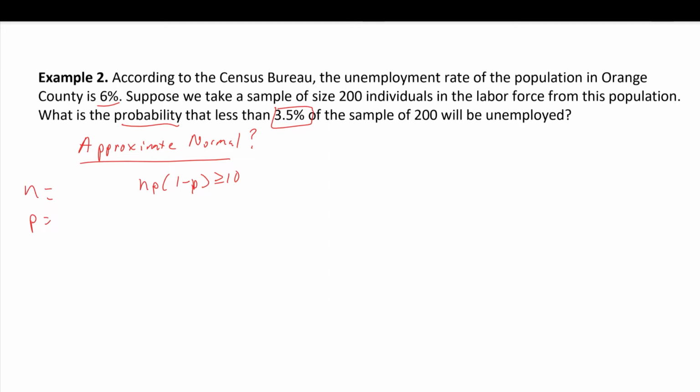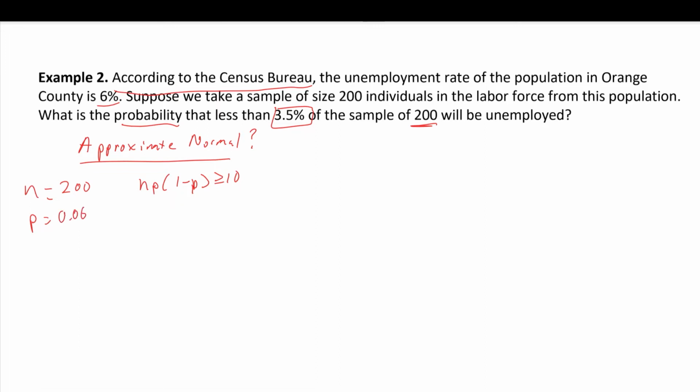Your n is your sample size, so we sampled 200 people. And the population proportion, the p right here, this is the p without the hat, is that 6% in theory are unemployed, because this usually comes from a prior study of the population. In this case, this was the Census Bureau, so they already know that 6% of individuals are unemployed.